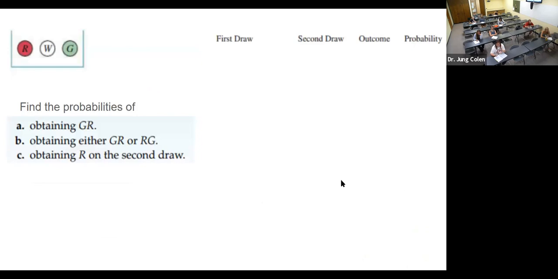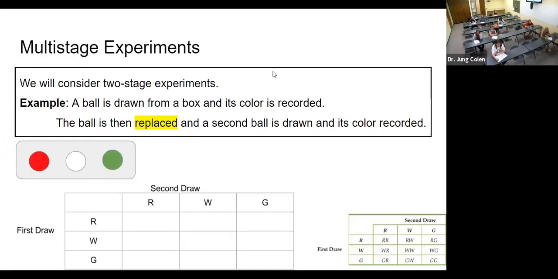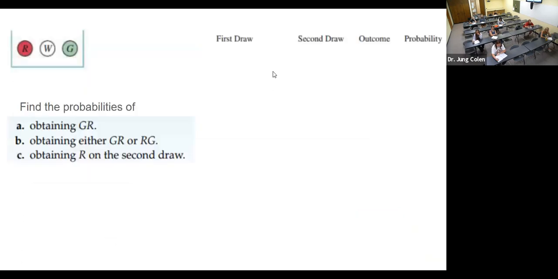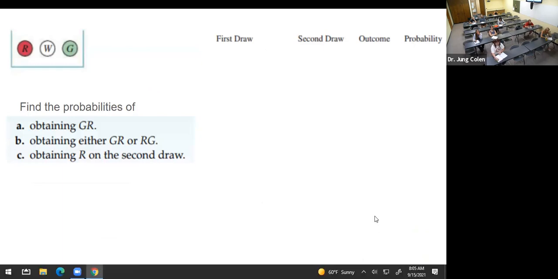Or you can also think about different ways. So let's do the same thing. We can also have a tree diagram for that. So that's one way, besides the table, and we have the same balls, and you can think about a tree diagram.